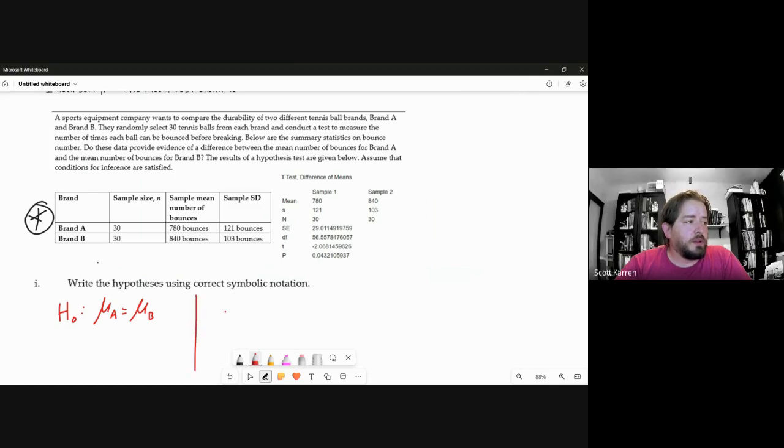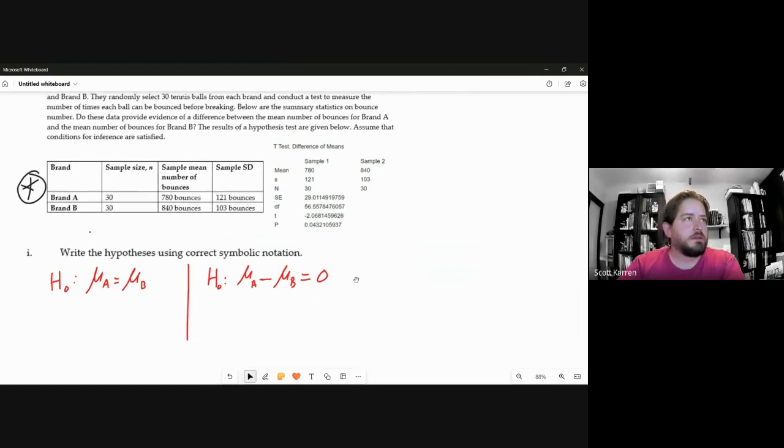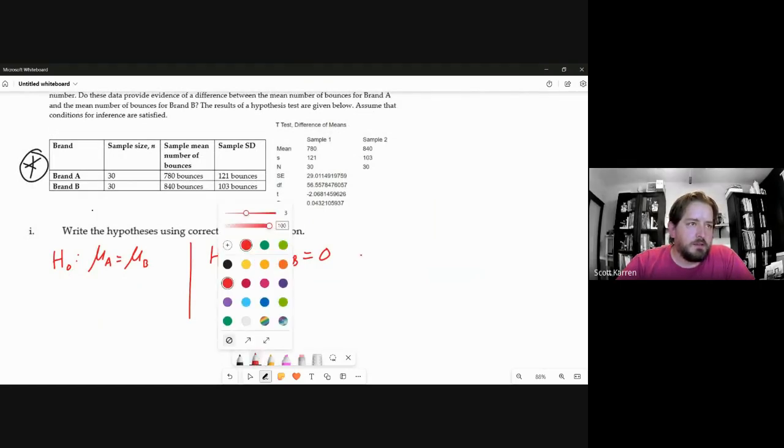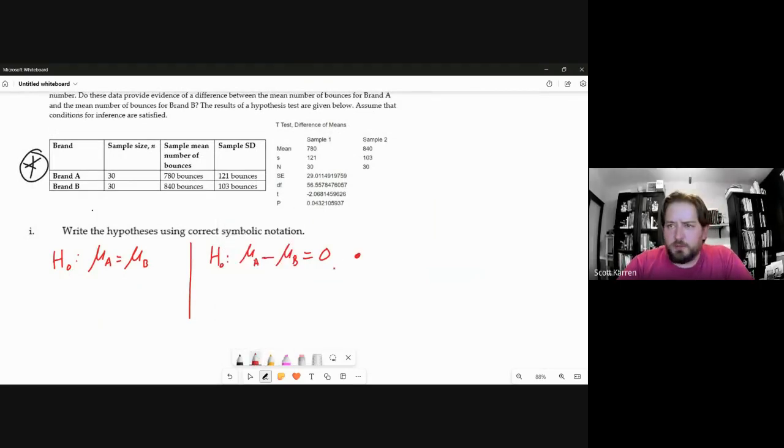This could also be written as mu sub A minus mu sub B is equal to 0, right? Those are two equivalent statements. But there's a benefit to writing it this second way, and we'll see why in a moment.